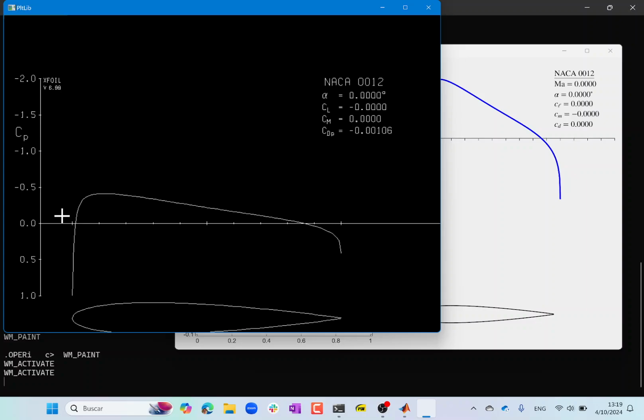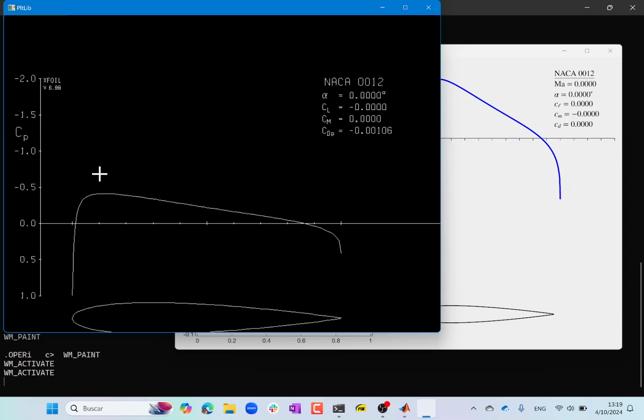Like 1.2 something, right? So the velocity you get at the lowest pressure point, what we usually call the peak suction, right? Suction means negative pressure. Peak suction means the peak of the negative pressure, which also means the peak of the velocity, right? In this case, it's about a little bit more than 20 times faster than the free stream.